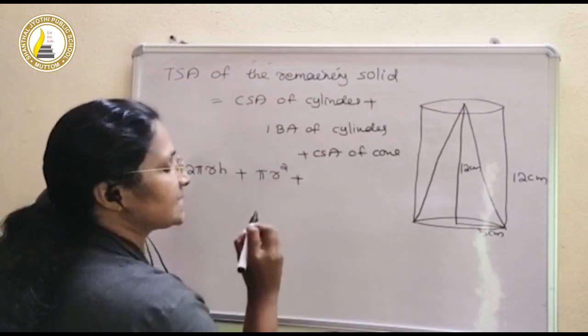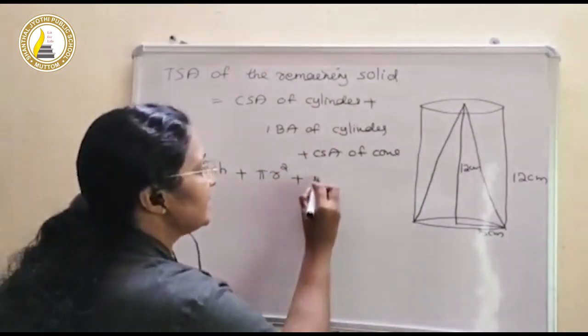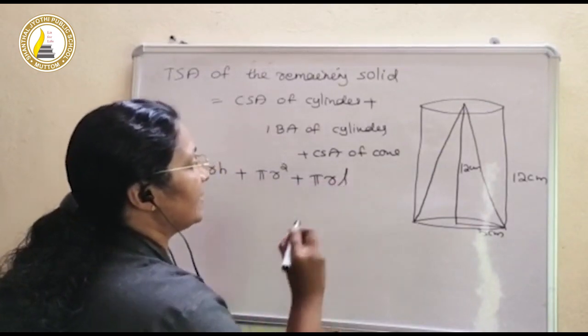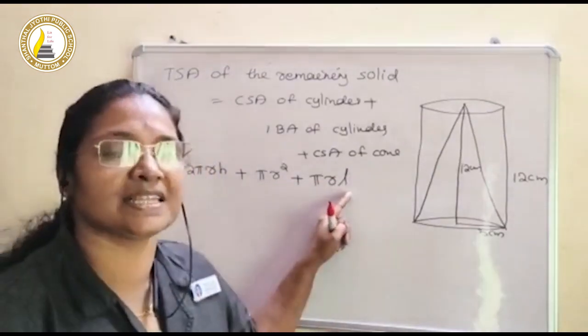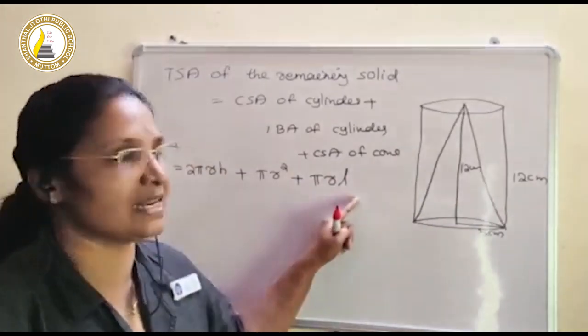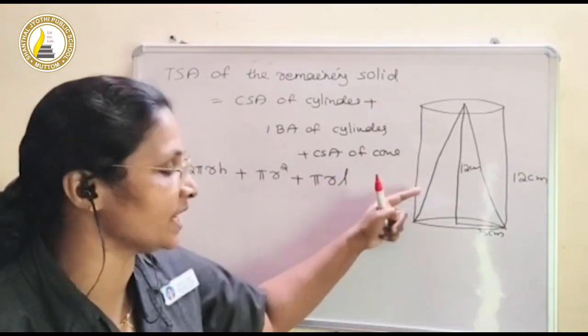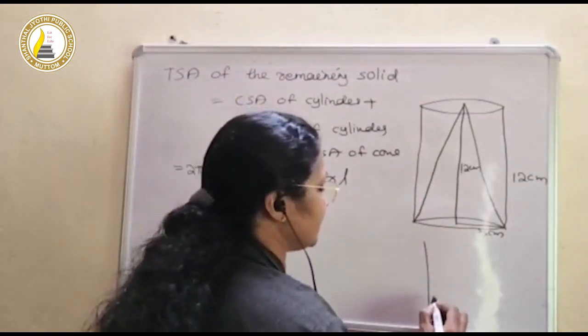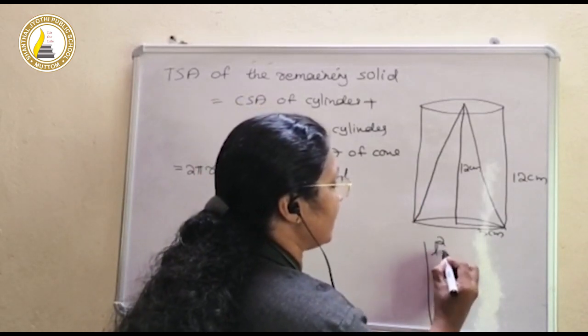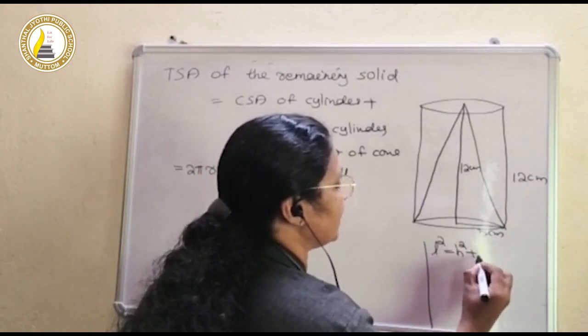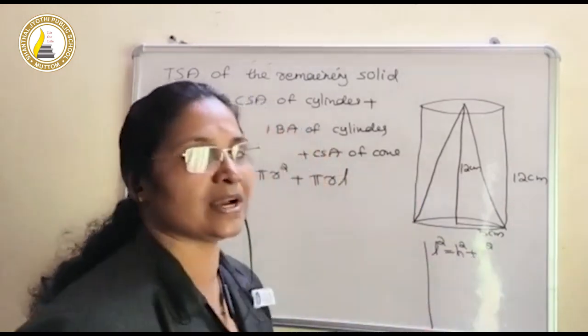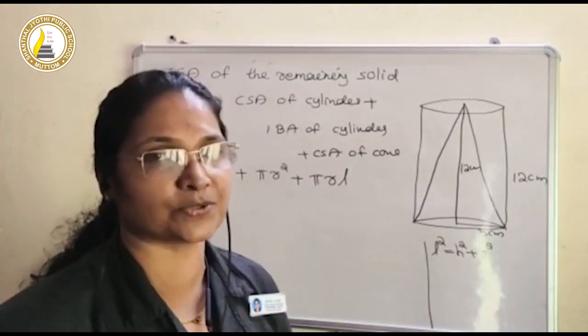Then what about the CSA of cone? It is pi r L. What is L? It is the slant height of the cone. Slant height of the cone is not given, but we can calculate easily by using the formula L square equal to H square plus R square. We have studied this formula in the 9th standard.